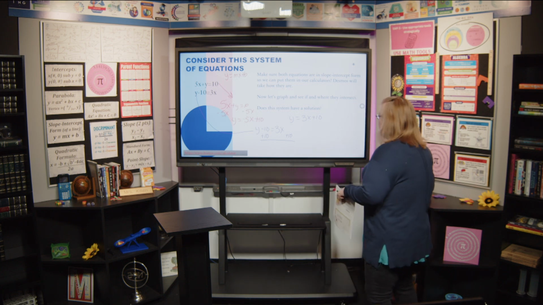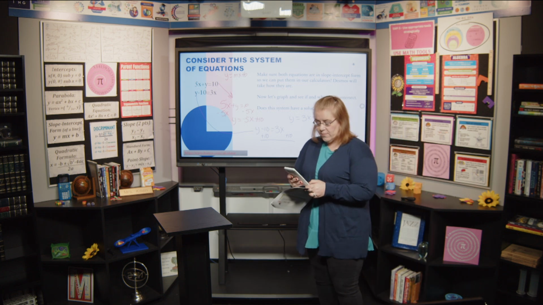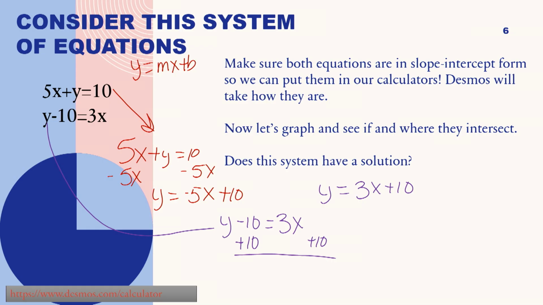Everybody pull your calculator up, like we've done. We're going to go to y equals, and we're going to plug in -5x plus 10 for y1. Then we're going to plug in 3x plus 10 for y2 and see where they intersect.